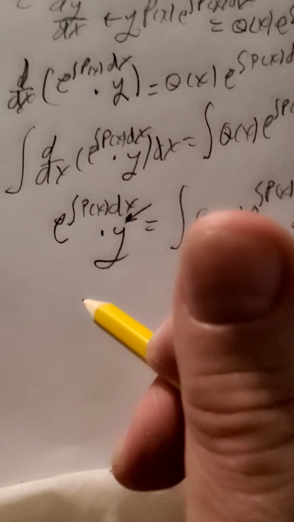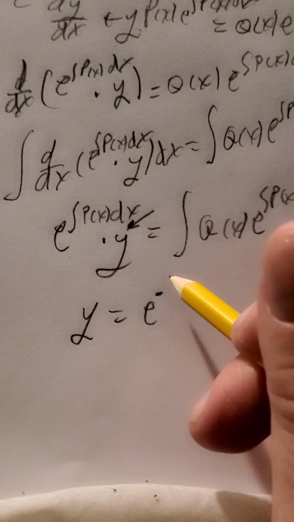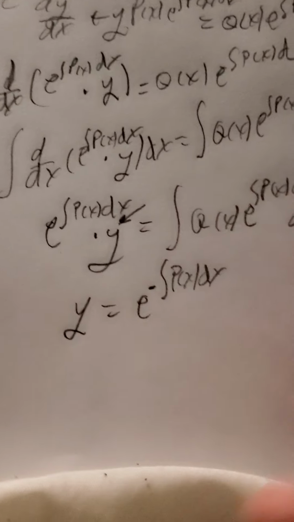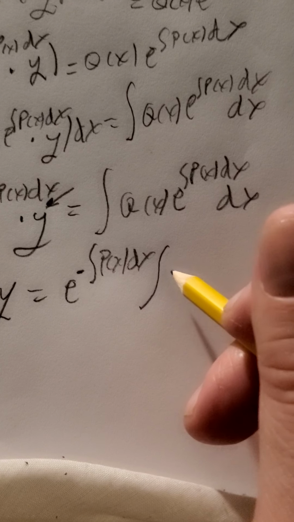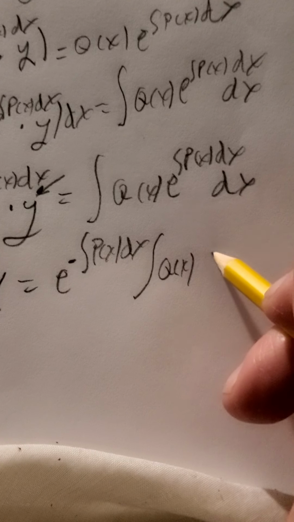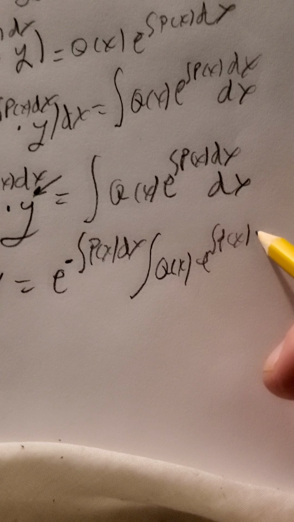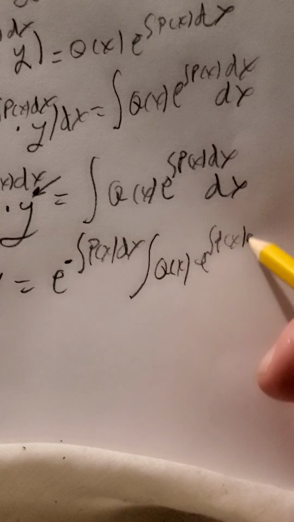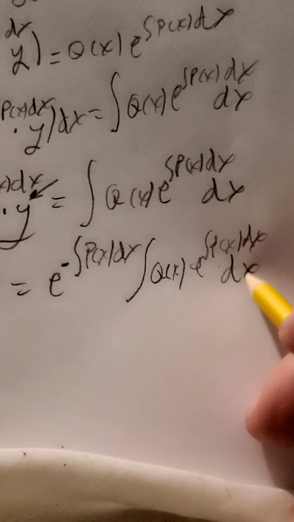Well, that's just going to give me y equals e to the minus integral of p of x dx times the integral of q of x times e to the integral of p of x dx with respect to x.